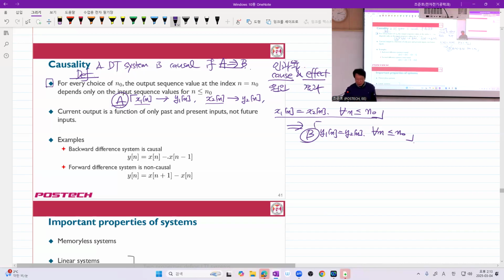By the way, there are some consequences of causality combined with linearity. Suppose a DT system is linear.